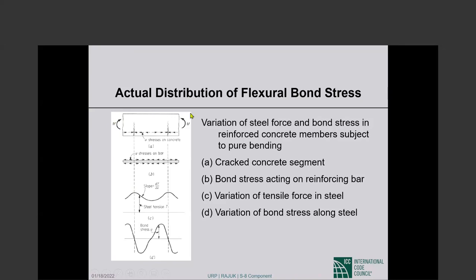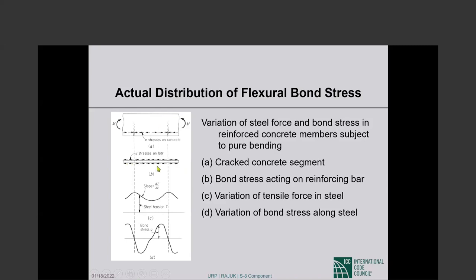So it's a segment of the beam where we have two flexural cracks, and the bond stresses are shown. Between the cracks, the direction of the bond stresses can be seen. Those directions are important to understand, and outside of the cracks also the directions.